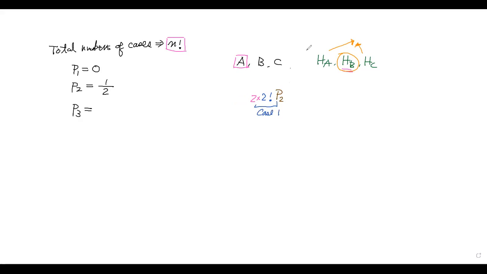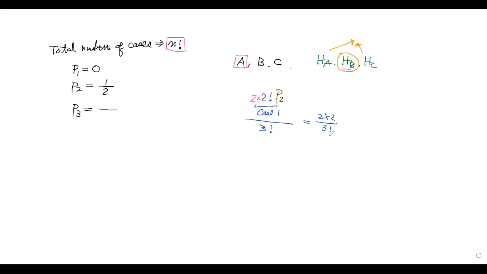Okay, so that means if A chooses hat B, then I have these two cases here, all right? So now I have another situation here. This is case 1. Now, what is the probability here? This one will be the total over 3 factorial, so it will be 2 times 2 over 3 factorial.